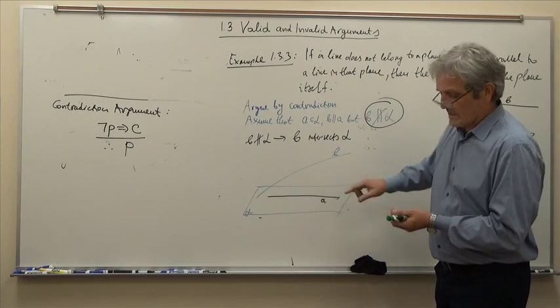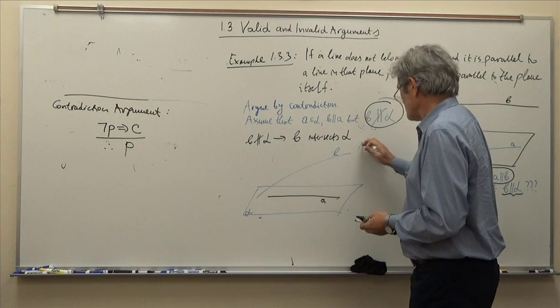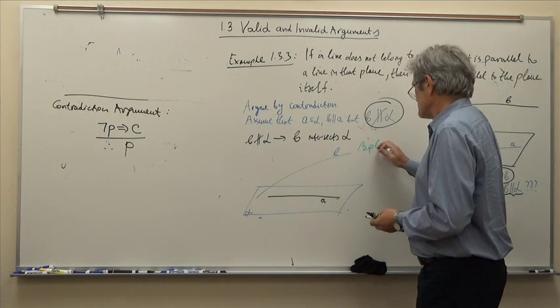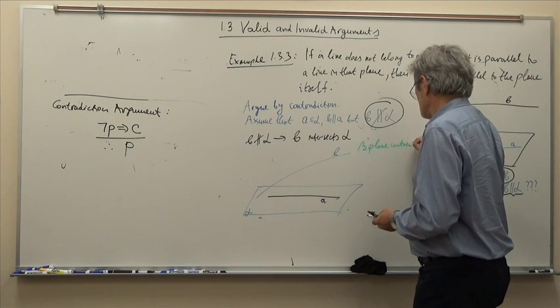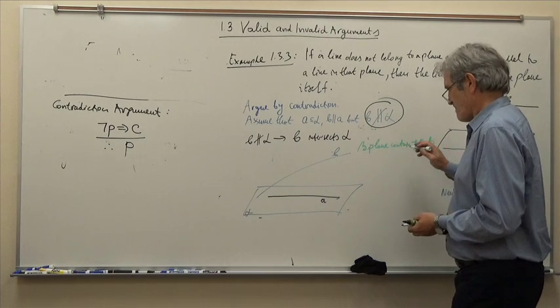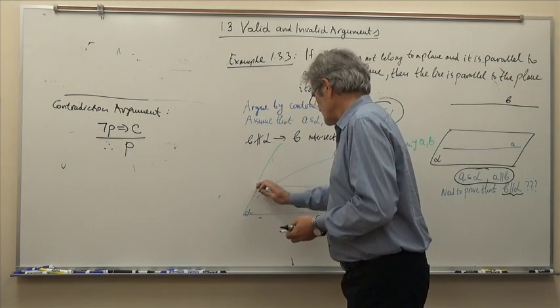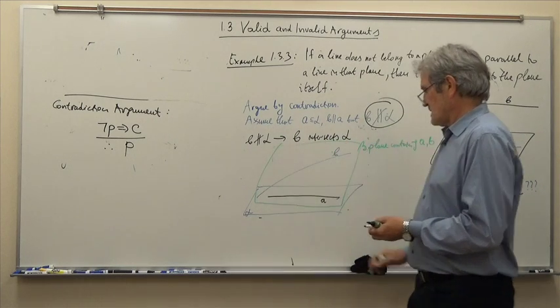So since B and A are parallel, there is a plane, let me call it beta. So beta is the plane containing A and B. Here is the plane, green plane, containing A and B.